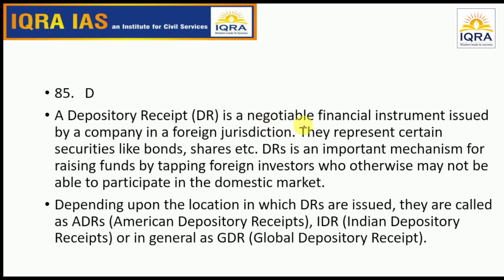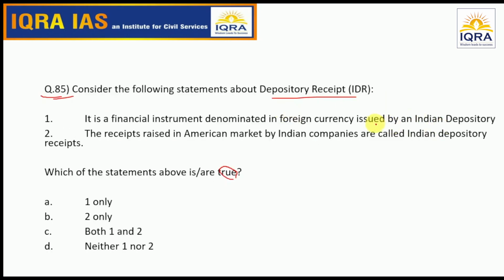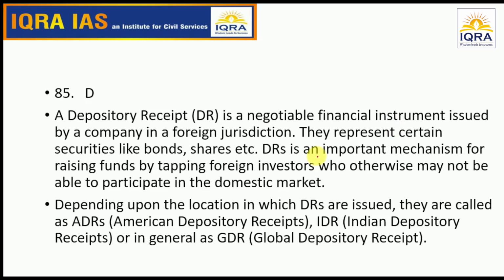It is a negotiable instrument used by a company in foreign jurisdiction, issued in foreign currency by an Indian depository. So it is not, no. They represent certain securities like bonds, shares, etc. DR is an important mechanism for raising funds by tapping foreign investors who may not participate in the domestic market.